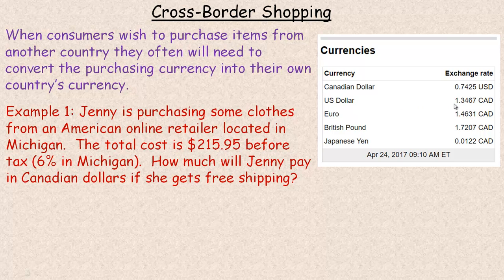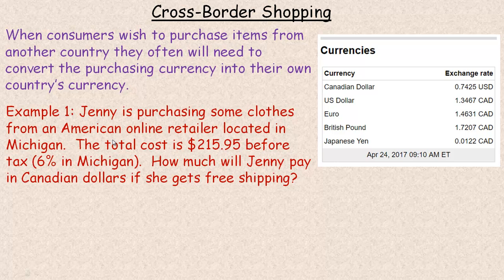A US dollar was 1.3467 Canadian dollars, etc. And it actually lists the euros, British pounds, and Japanese yens in terms of Canadian dollars as well. So this means that if you were to purchase 1 euro, that's for the European Union, their currency type, it would take $1.46 and a little bit more Canadian dollars.